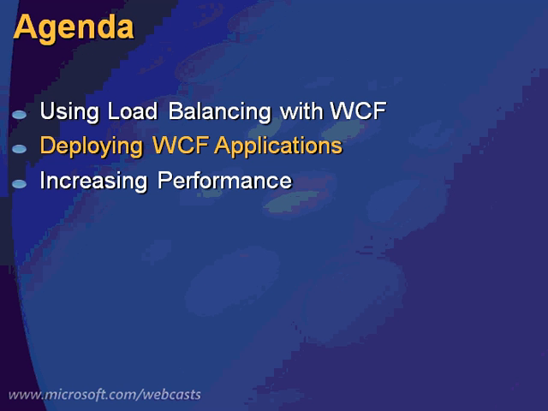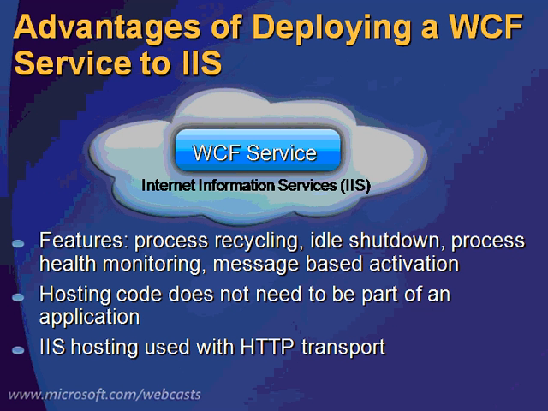Now we're going to talk about how we can take our service and deploy it out to a different deployment environment. Specifically, we're going to look at how we can use IIS to do that. The WCF service that is deployed out to IIS takes advantage of what IIS has to offer: things like process recycling, process health monitoring, and message-based activation, as well as idle process shutdown, which will shut down unused threads and allow us to have better scalability on the given server.